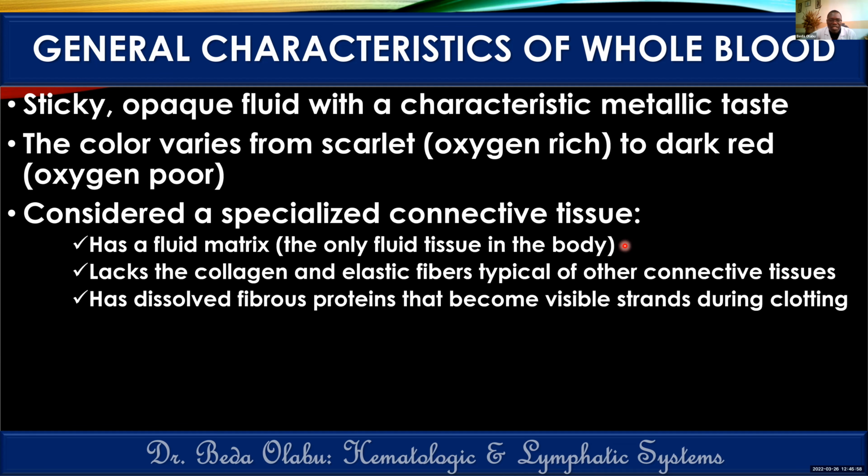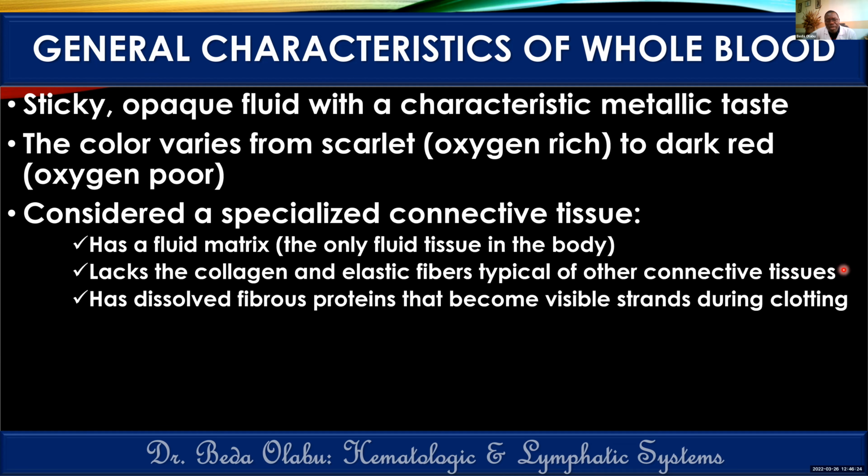Remember the other connective tissues, their matrices are actually some solid material. It's a gel with some solid fibers, the collagen and the elastic fibers. But here, we see the matrix is basically fluid, so that the cells are bathed in that fluid. The formed elements just are in the plasma.